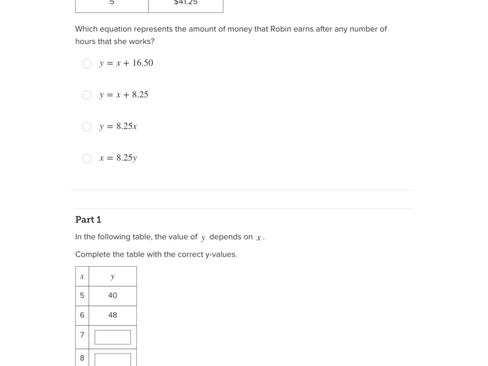Now we've done some of this writing equations from tables. So the first thing you do is you look at the increase. From $16.50 to $24.75 is an increase of $8.25. Now when you look at the independent variables, they're going up by 1 each time, so that's good. So that makes it easy.